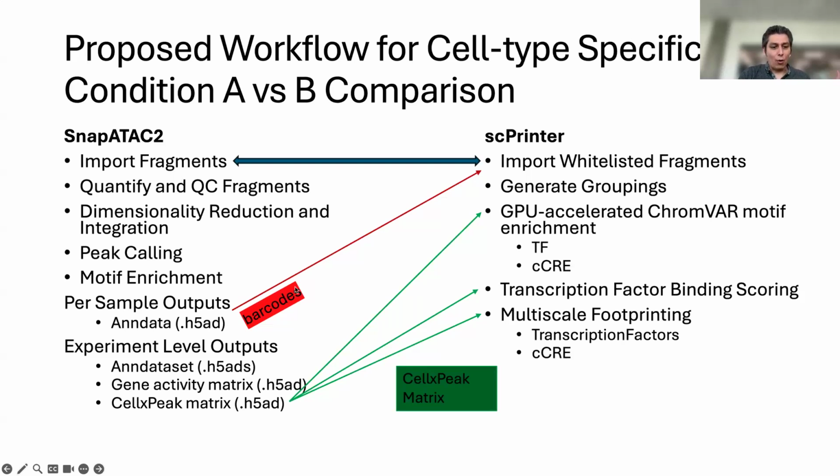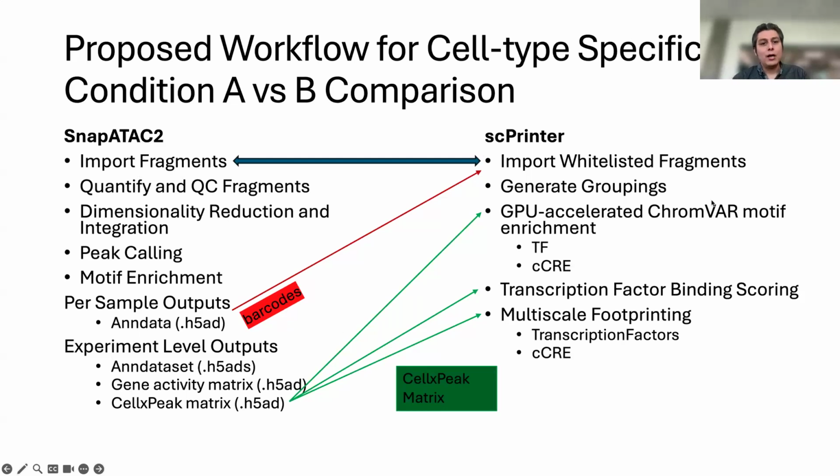We can only subset those to the barcodes that we know are quality controlled from our SnapATAC pipeline. So we do import the fragments, but we are subsetting to the barcodes that we know are good quality, or that we know we've already vetted.